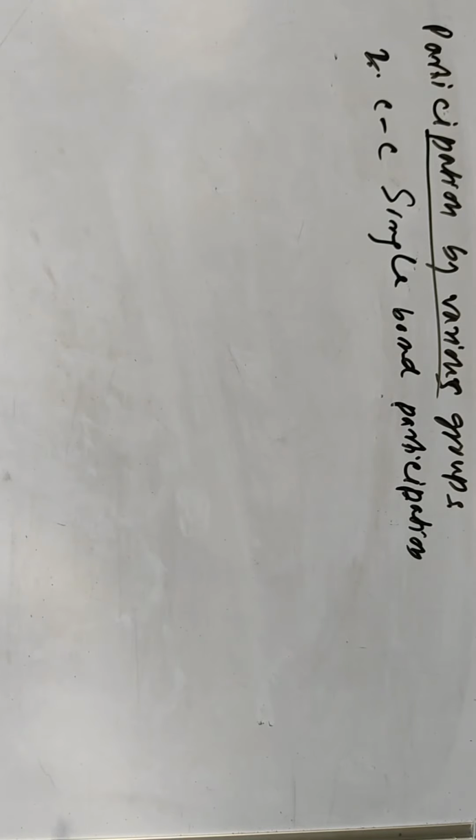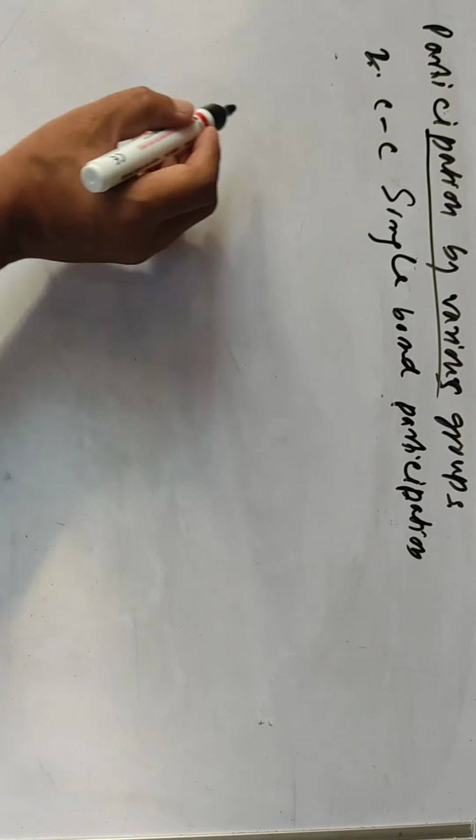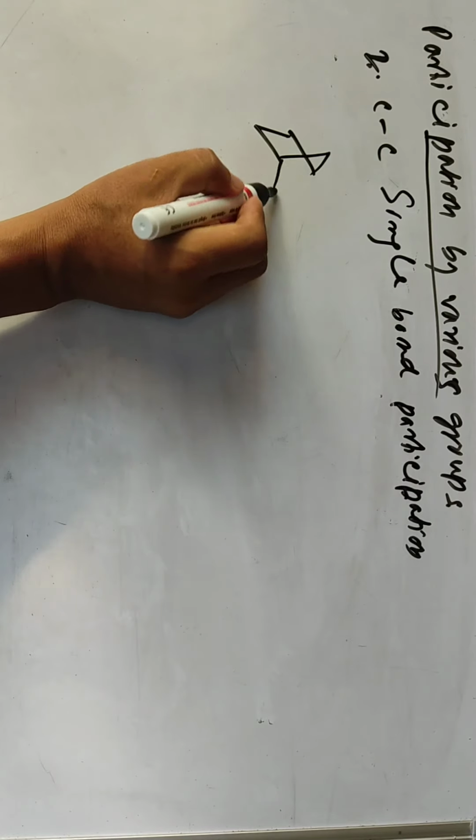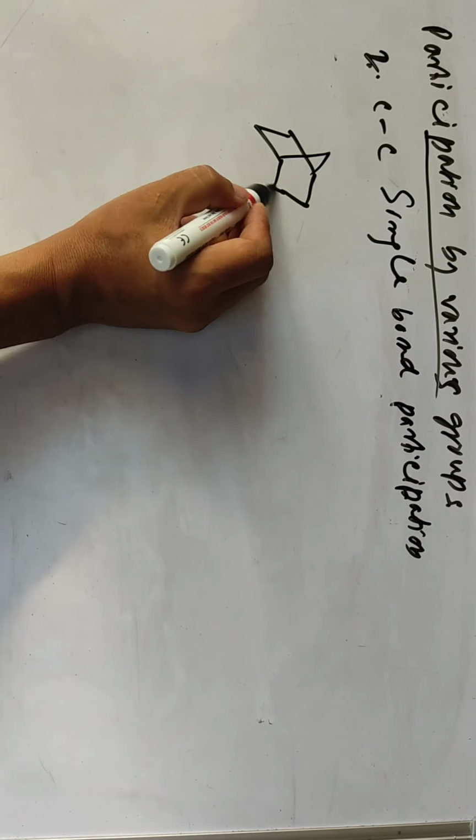This can also be exemplified by the earlier non-classical carbocations. I've given how non-classical carbocations are formed, and we have many cases already given in the non-classical carbocation types.